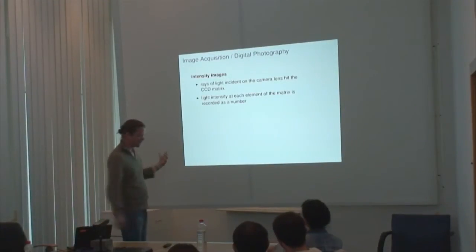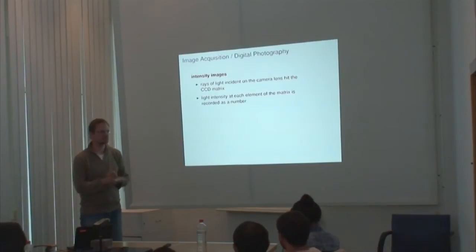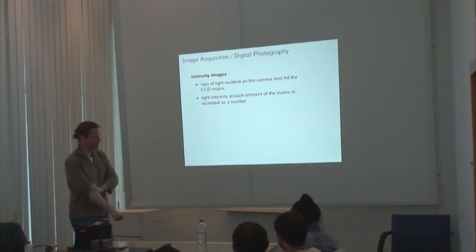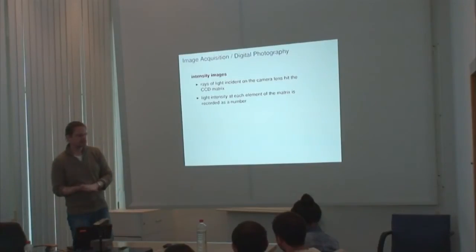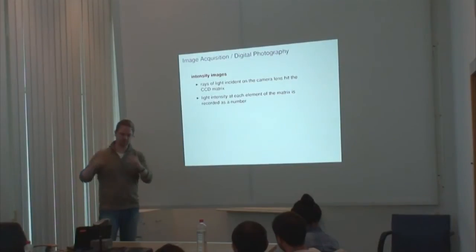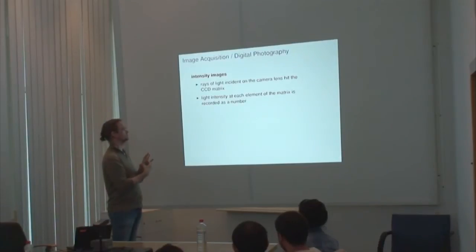How does that work? I've already said that light is something that carries energy, or is composed of tiny particles called photons, depending on our point of view. What we see is actually reflected waves or reflected photons, as you wish. If you point your camera at something and take a picture or a video, whatever you point at will reflect light, and this light hits the lens of your camera.